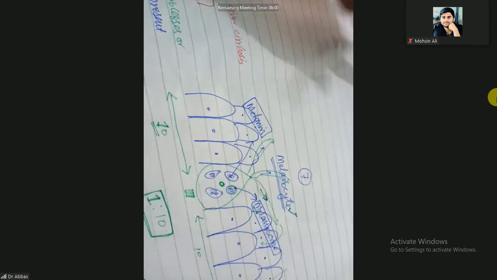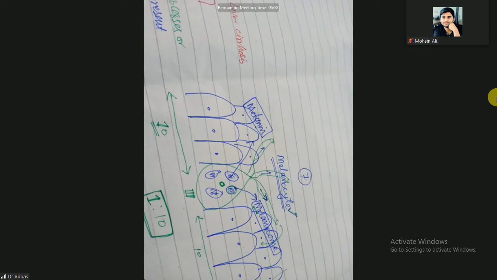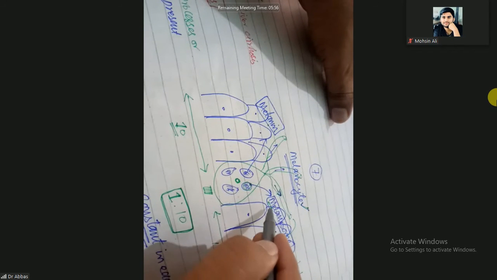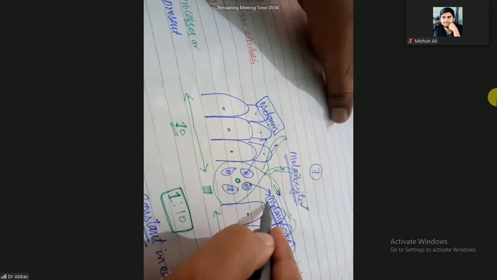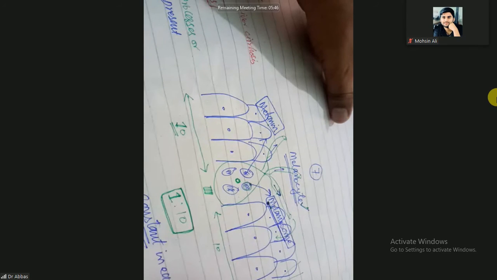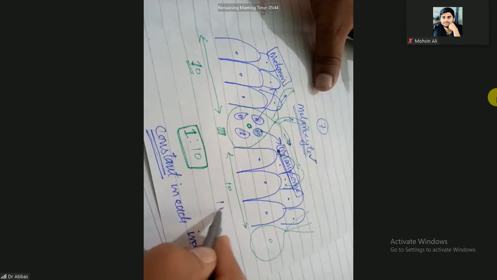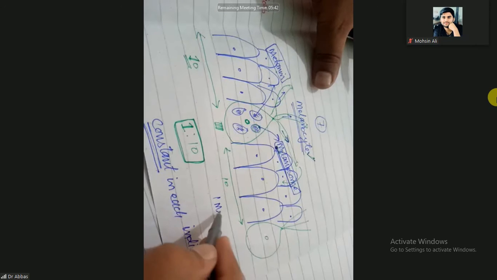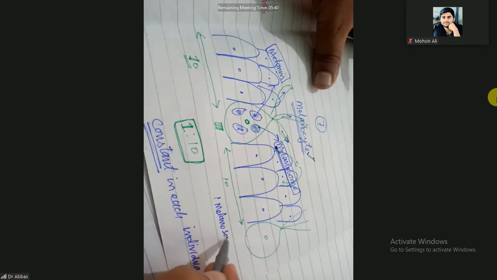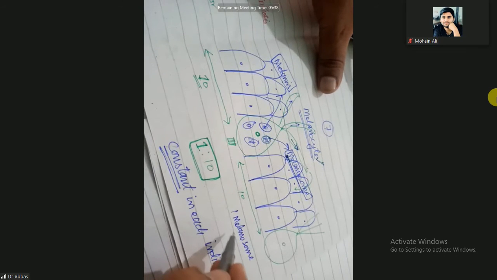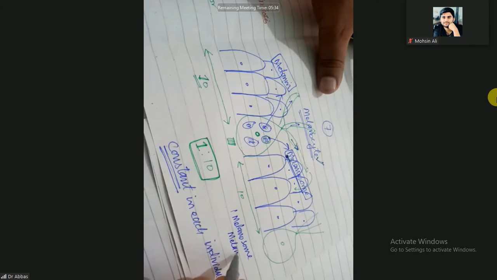So what is meant by it? It means one melanocyte can transfer its melanin, that is colored pigment, up to 36 keratinocytes.